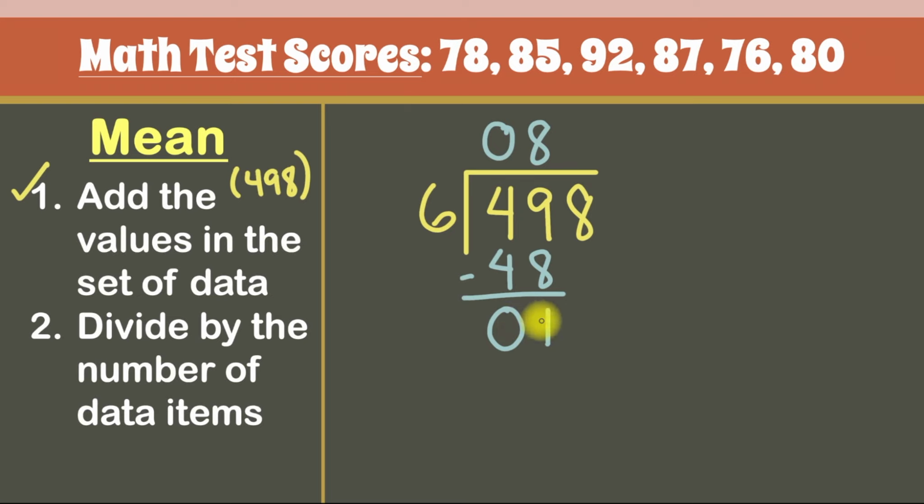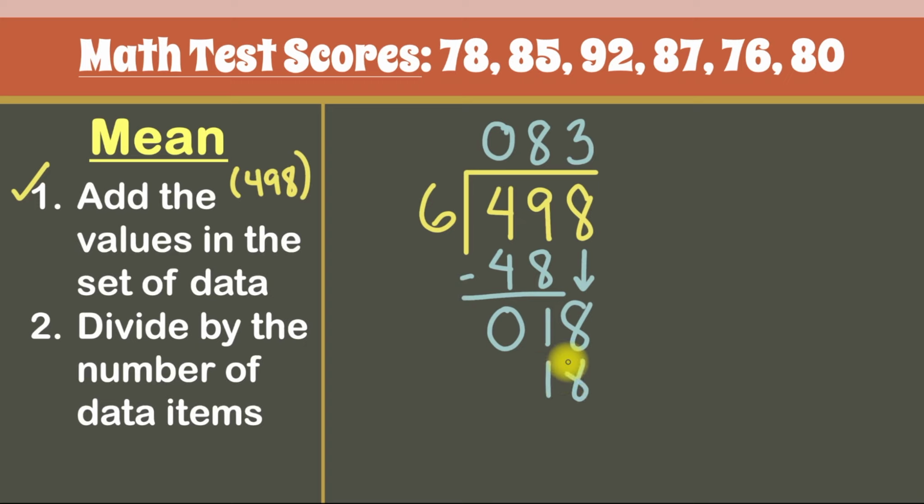Since we have a remainder and we have a digit left over, we have to bring down the next place value and then repeat the process with this new number. So how many times can 6 go into 18? Well, that's 3 times. So I'll put a 3 over this digit here, and then multiply 3 times 6, which gives us 18.